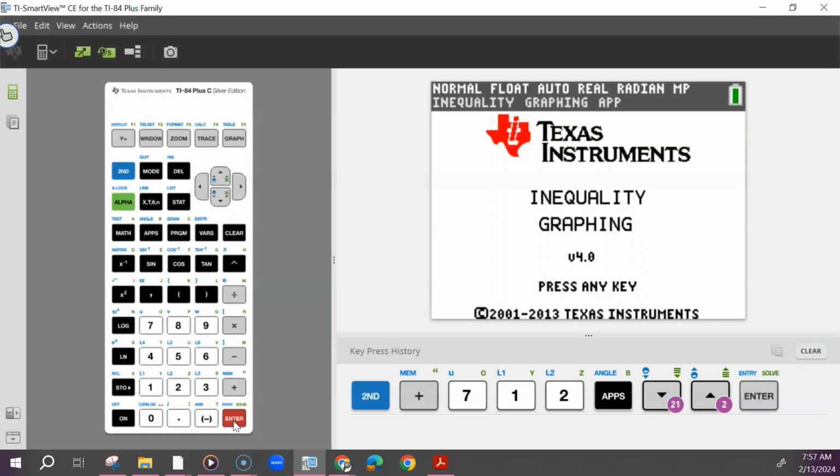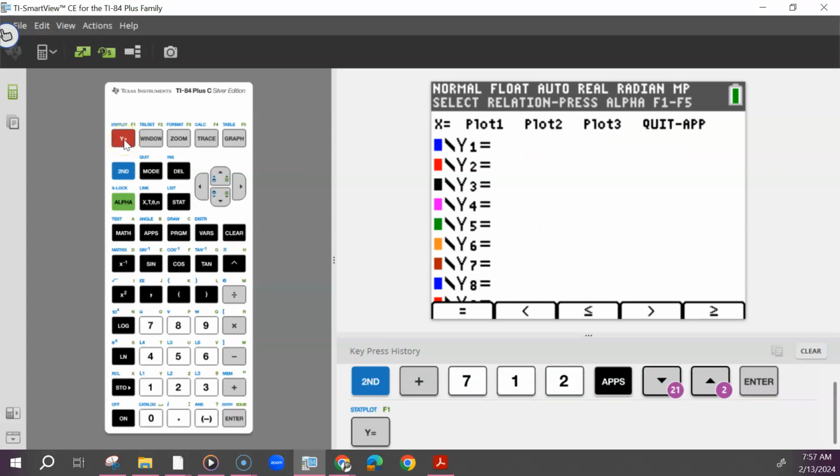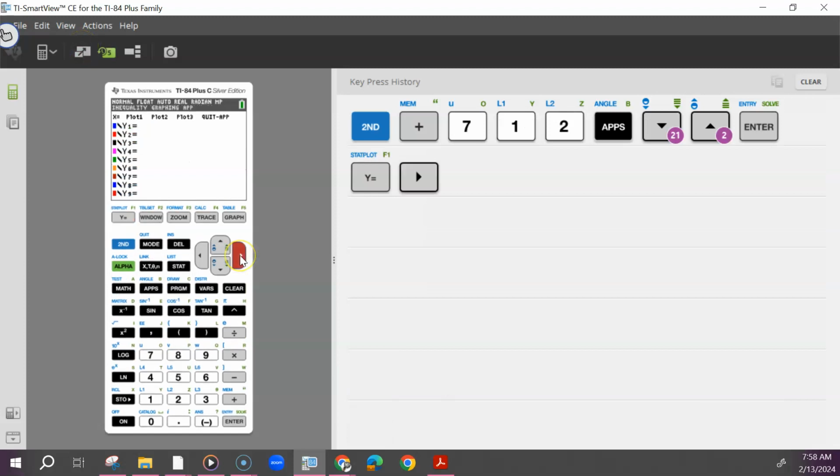And then go into y equals. When you get there, if you're not on the equals, it'll look like normal.